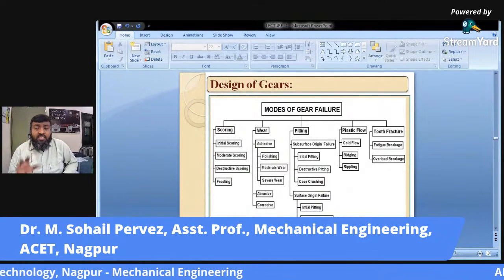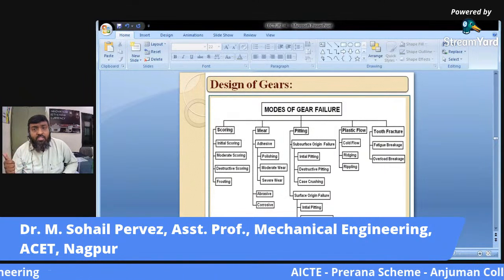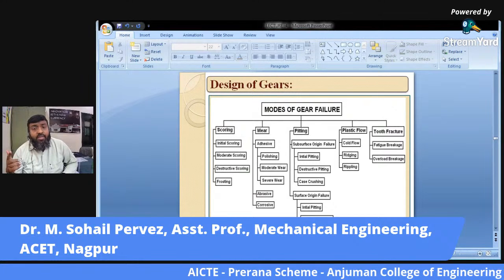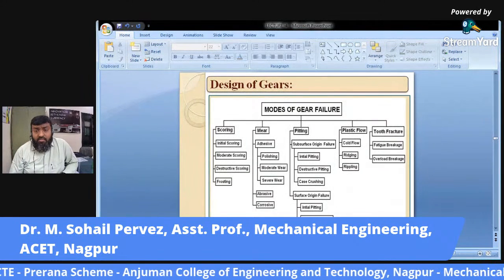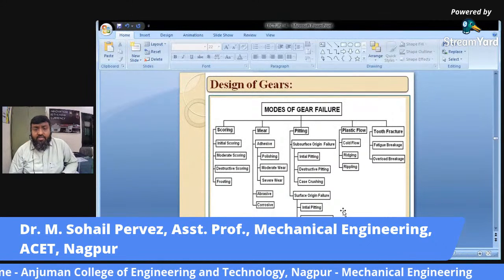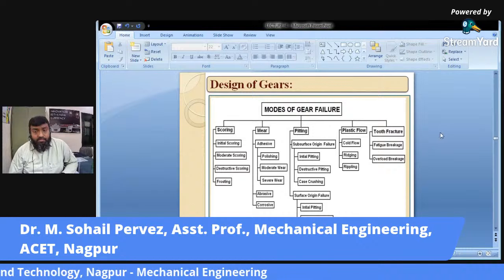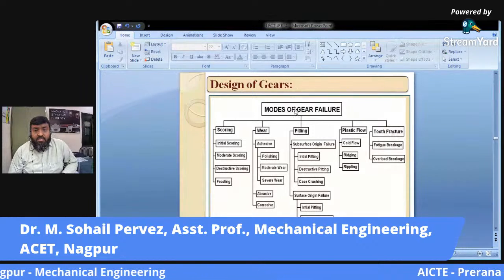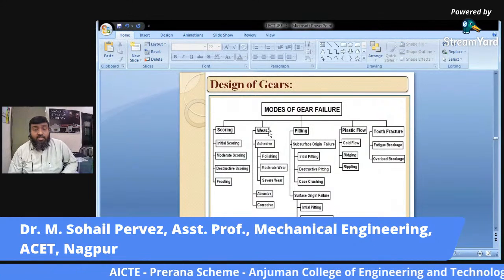Now, as far as modes of gear failure are concerned, the design aspect which I have explained to you is based on both static and dynamic conditions. These are the common gear failures: scoring, wear, pitting, plastic flow, and tooth fracture. Out of these, we are very much concerned about scoring, pitting and wear.